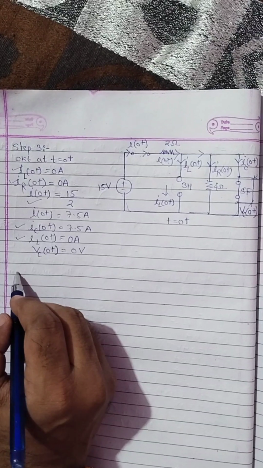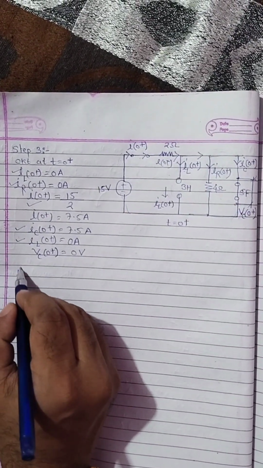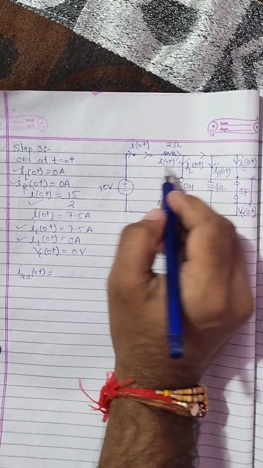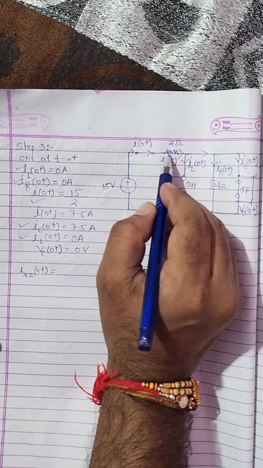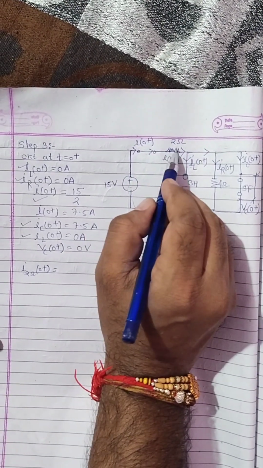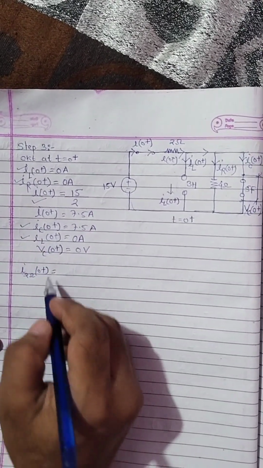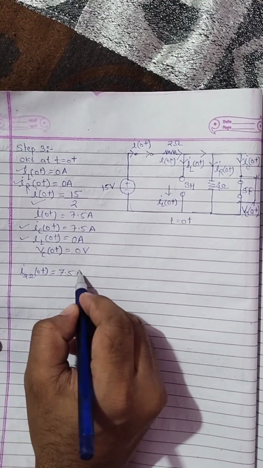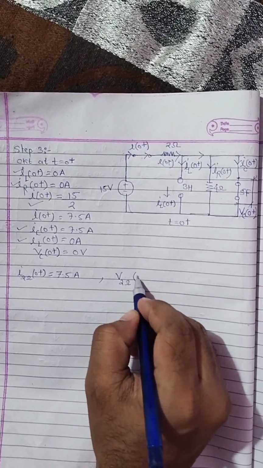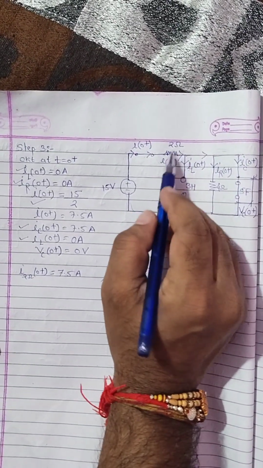So the current through this 2 ohm, I2ohm 0+ equals, in this 2 ohm resistor there is a flow of I0+. So I0+ is 7.5 ampere. Similarly, the voltage across 2 ohm, that is V2ohm 0+ equals current into resistance.